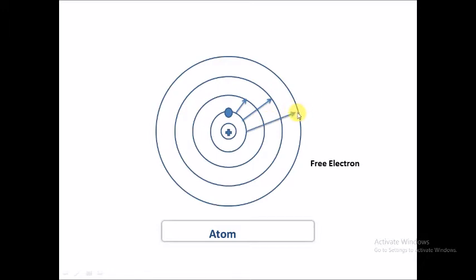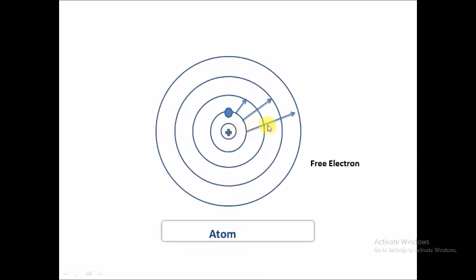Now the electron is present at this position. As I provide more energy to the electron, it goes to a higher energy level. But this positively charged nucleus has a certain limit of distance within which it will attract or bind that electron in its orbit.